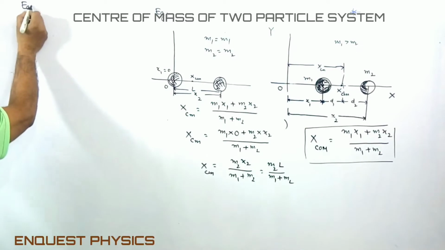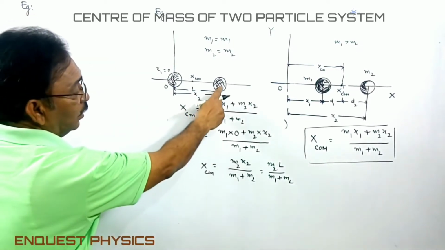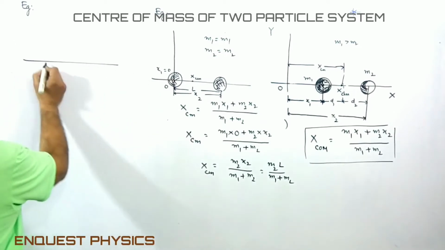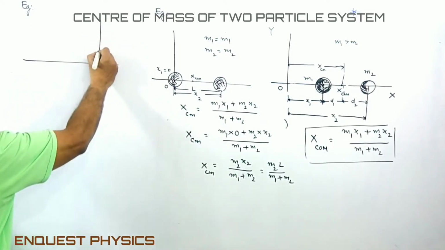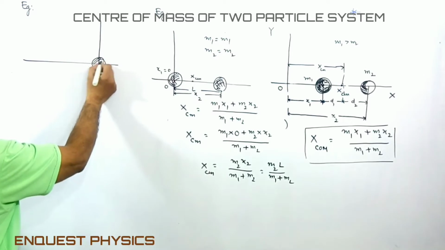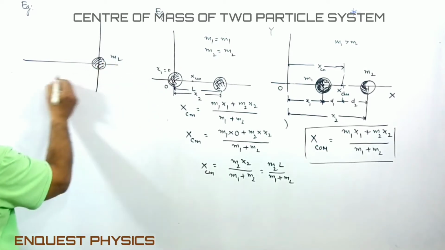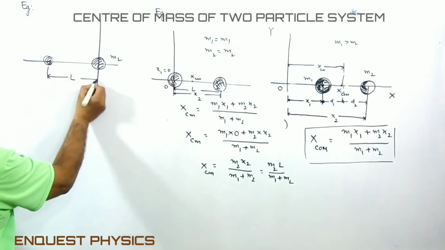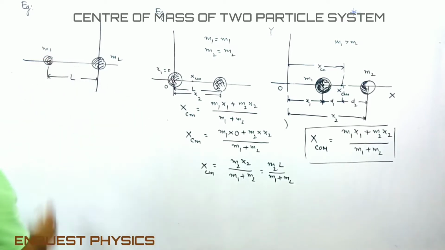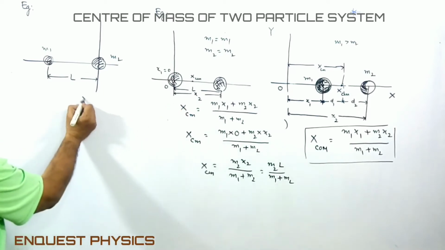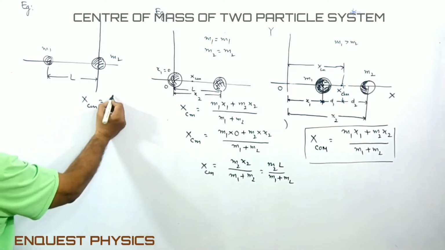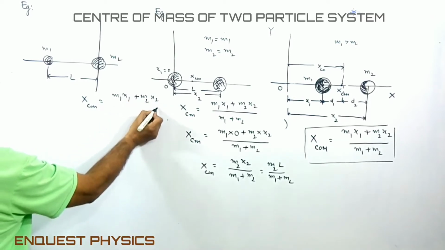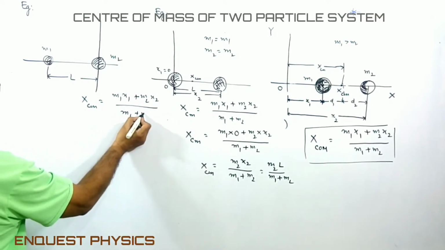See, we are locating the center of mass with respect to the second body. I am doing the same thing, but I am changing the axis now. Okay students, it is m2 and here it is m1. The distance is here. We have to apply the same relation. Xm is equal to m1 x1 plus m2 x2 by m1 plus m2.